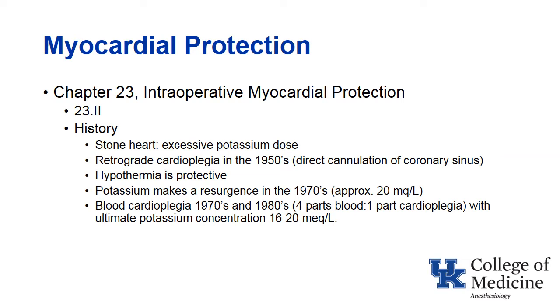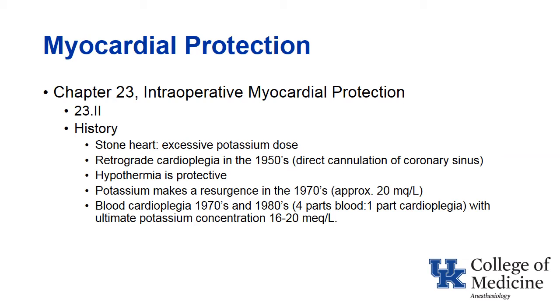Historically, excessive doses of potassium resulted in stone heart and cardiac failure. Retrograde cardioplegia was first performed in the 1950s with direct cannulation of the coronary sinus.